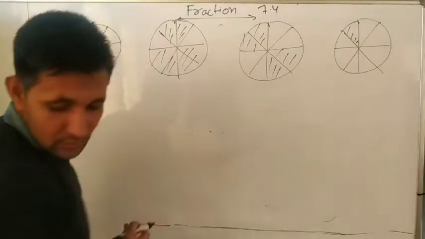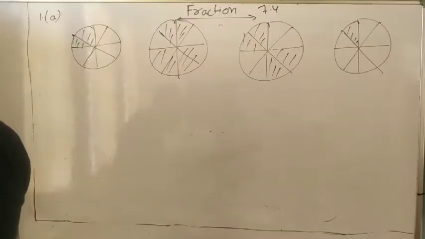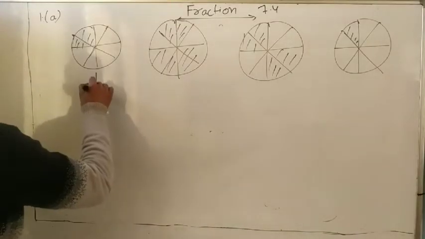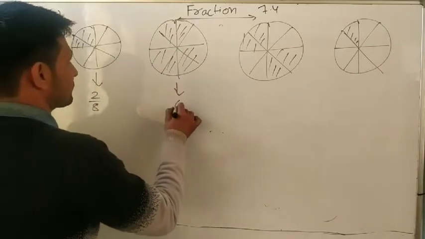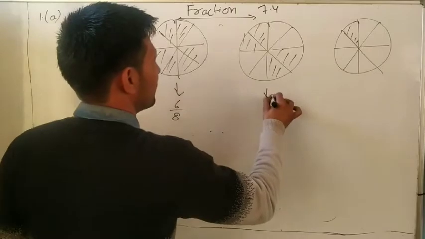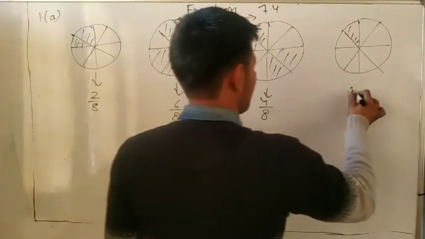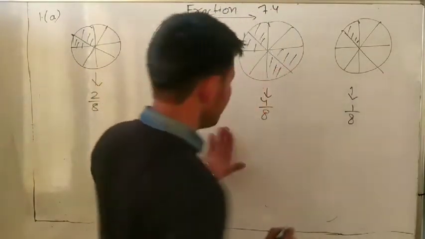So first we have to write the shaded portion as a fraction. The figure has 8 equal parts, so the fraction is 2 by 8. Next is 6 by 8. It is 4 by 8. It is 1 by 8.